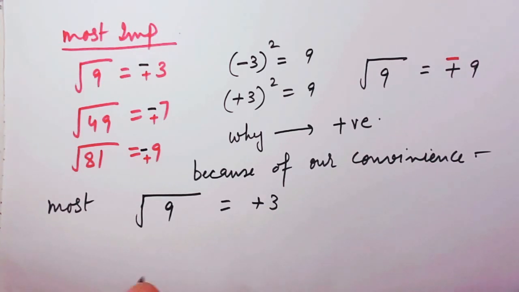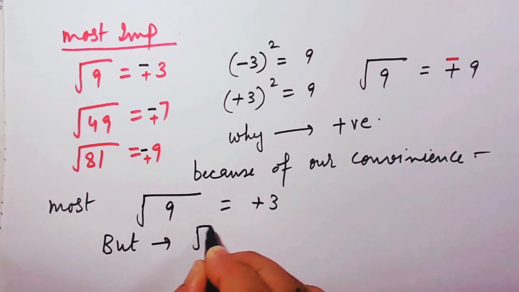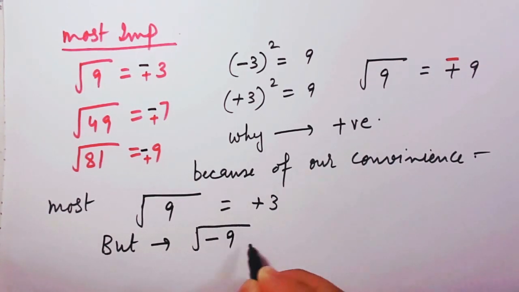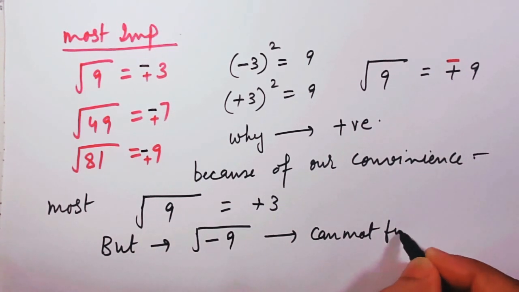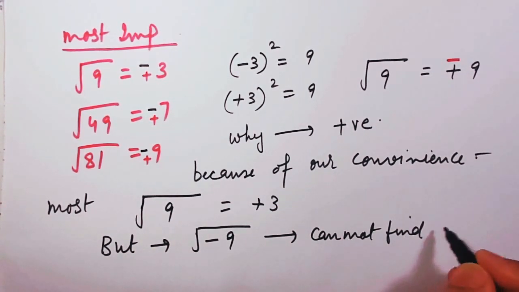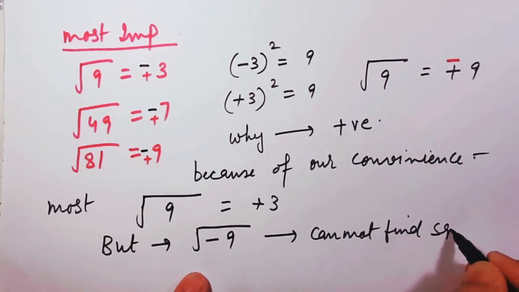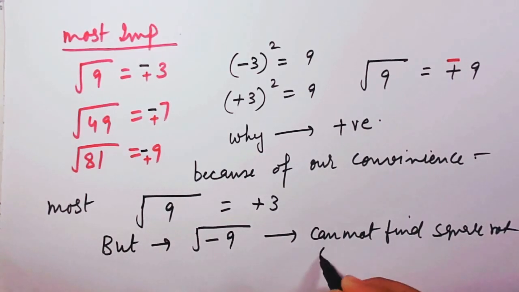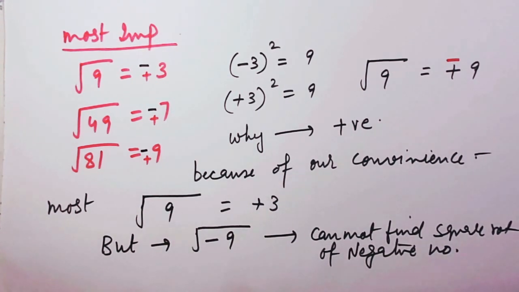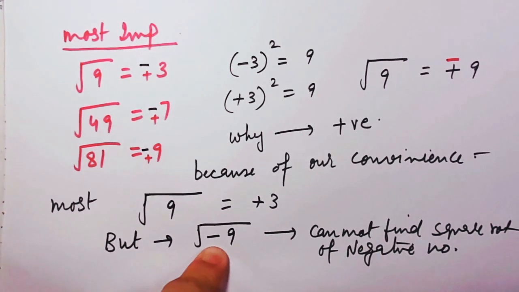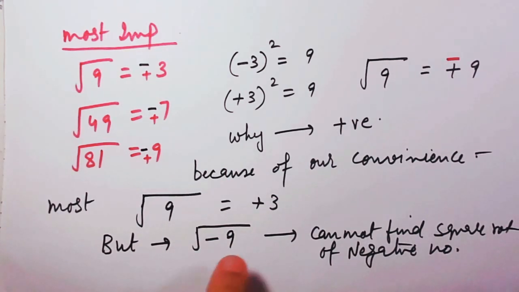Okay, but you cannot find the square root of a negative number. I cannot say that you cannot find it, because in higher classes you can find the square root of a negative number, that is, the imaginary.